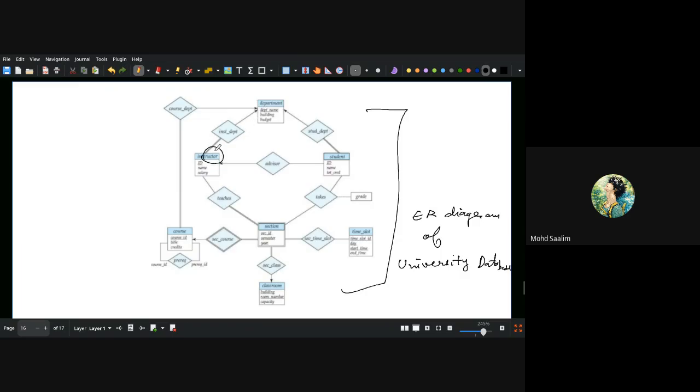That means many instructors can be associated with one department, but many departments cannot be associated with one instructor. That's why it is a many to one relationship. Every instructor is participating in this relationship, but it is not mandatory that every single department will participate in this relationship. Just by a single glance, you can understand the design of your database. Correct?